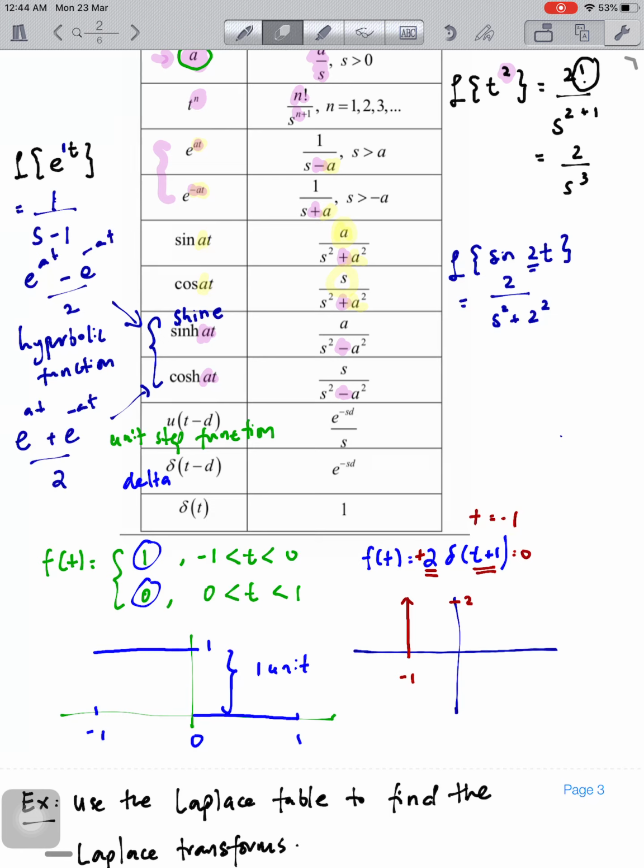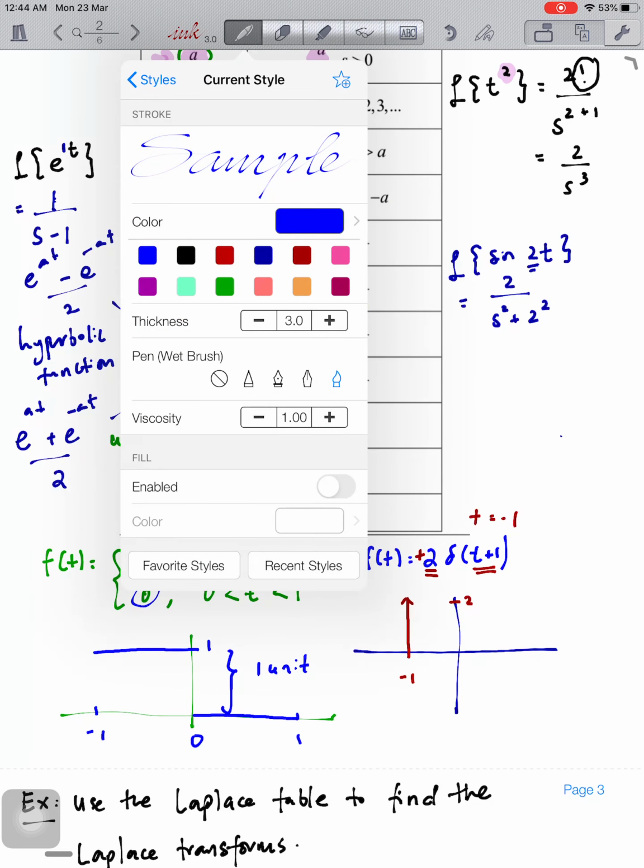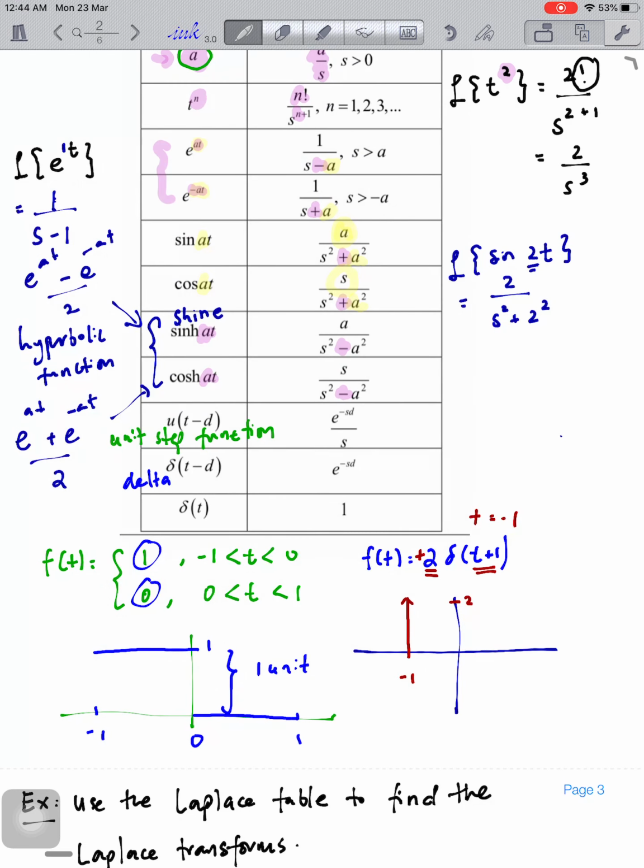Alright, the delta function doesn't necessarily have to be only one function. It could be multiple, called a train of delta functions, so a few delta functions being combined together. For example, I can also put here minus delta of t minus 2.